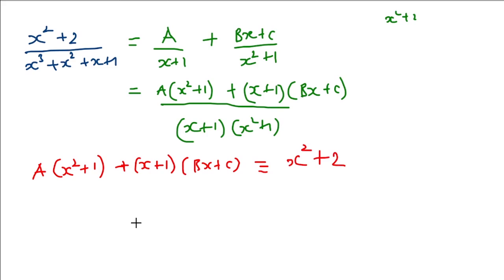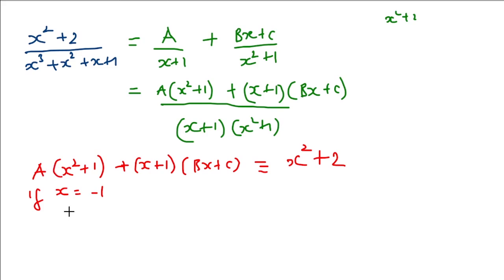Alright, let us find values of a, b, and c. I will choose values of x that help us eliminate some unknowns so that we can find the rest, that is the best. If my x is equal to -1, I can eliminate all of this factor and I remain with this factor with a.